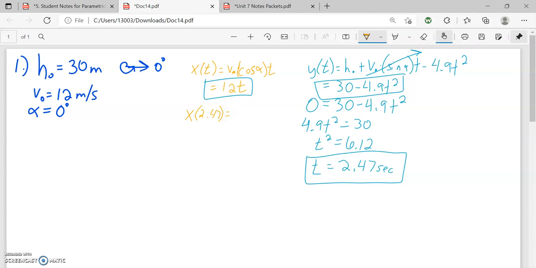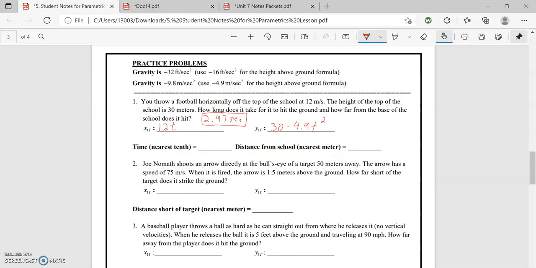So we get down far enough, we can see that x of t could be x of 2.47, which is 12 times 2.47, which equals a distance of 29.68. And again, be careful, that is meters, not feet, not miles, nothing else.